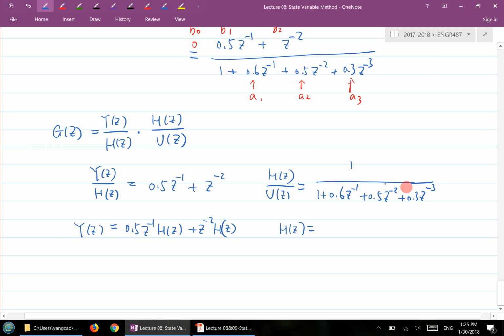H of z times this denominator equals U of z times 1. Then I will just keep the H of z on the left side and move the other terms to the right side. So that is basically equal to this one, U of z.